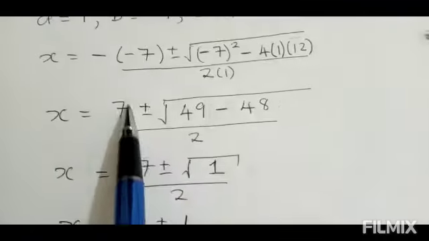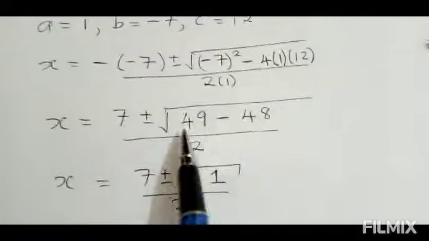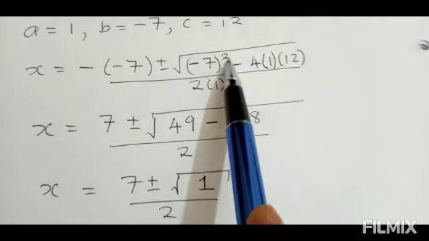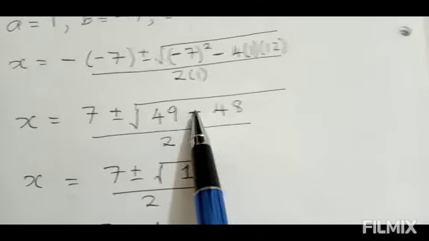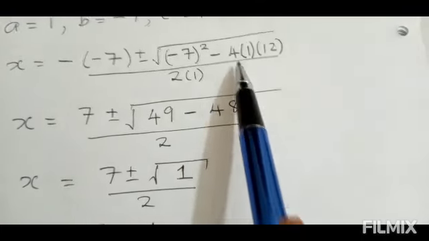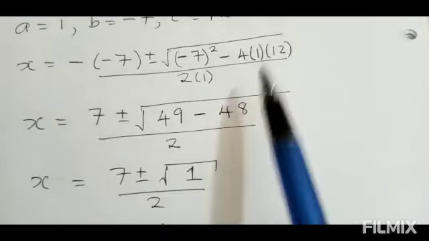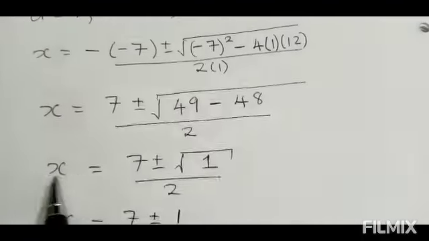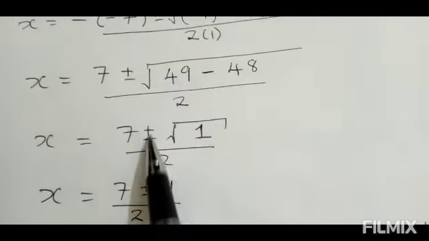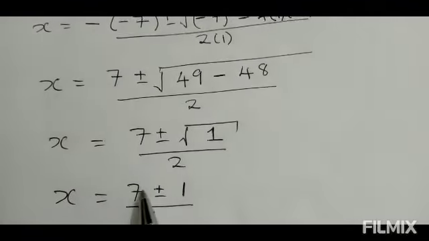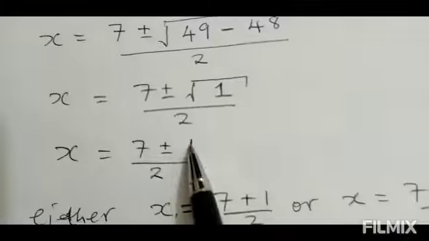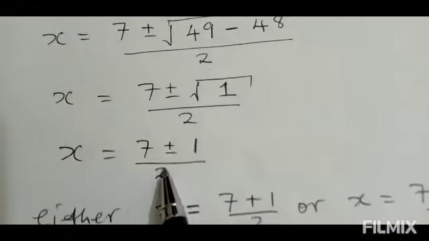So x is equal to 7 plus or minus the square root of minus 7 squared, which is 49, minus 48, because 4 times 12 is 48, over 2. So x is equal to 7 plus or minus the square root of 1 over 2. So x is equal to 7 plus or minus 1, which is the square root of 1, over 2.